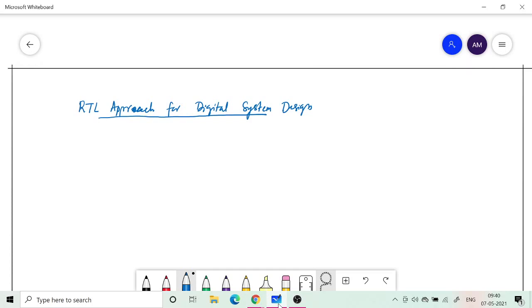Drawing a state diagram which has 256 states is not practical. If it is less than 10 or maybe up to 16, it is okay, but it is really inconvenient to draw.